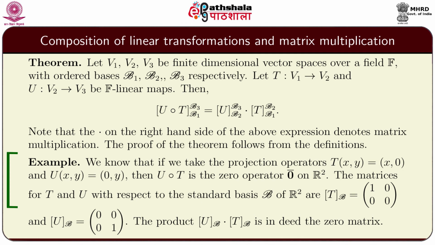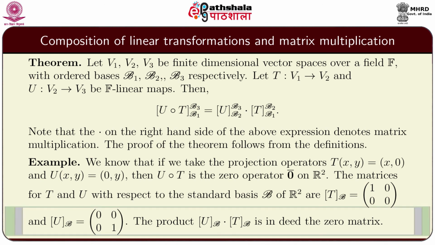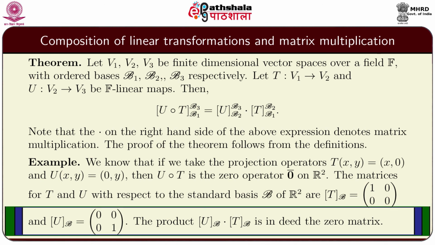Let us verify this theorem with the help of the example of projection operator. We have already seen the projection operators T(x, y), which is the projection onto x axis, and U(x, y), which is the projection onto y axis. Then U circle T is nothing but the 0 operator on R2. If we choose the standard basis of R2, then the matrices for T and U with respect to the standard basis B of R2 are [T]B, which is [[1, 0], [0, 0]], and [U]B, which is [[0, 0], [0, 1]].